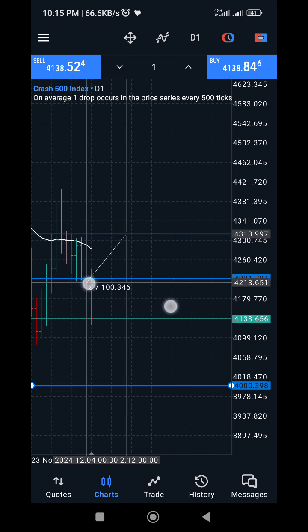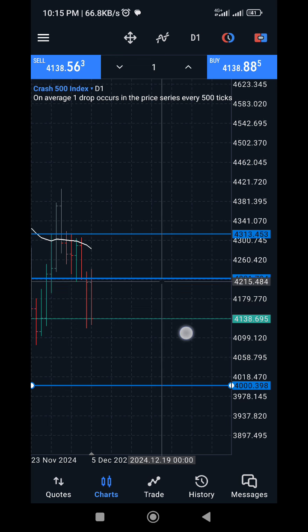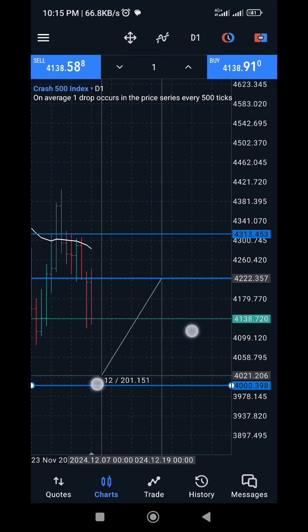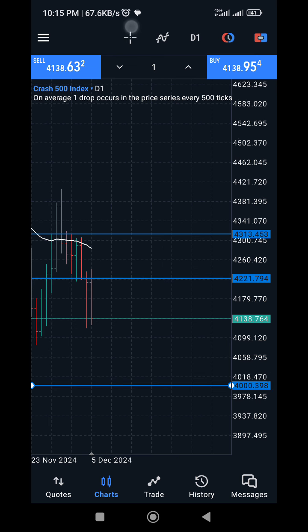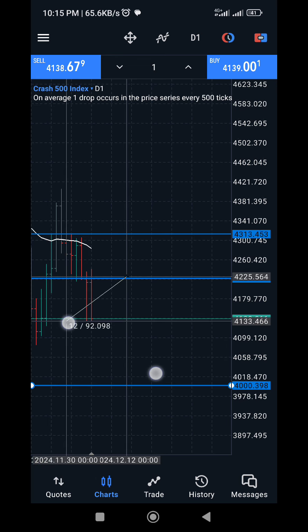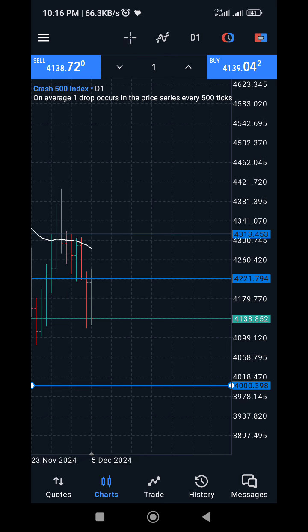So we see 93. Let's look at if we can get 186. You can see we got up to 200. So we got more than 1:2. You can see if you had entered the trade here, you would have been in how many? 90 pips of profit. You would have made much more than what you reached.